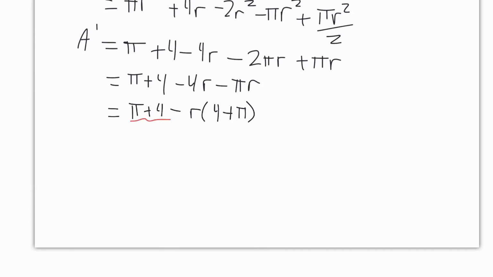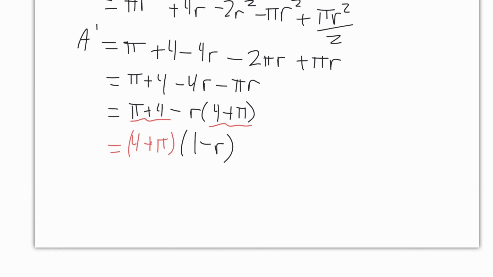Right? Pi plus 4, pi plus 4. So I'm going to factor that out, or 4 plus pi, either way, leaving me with 1 minus r. Now if we set this equal to 0, of course this has no r in it, so that doesn't give me any factors, but this gives me r equal to 1.